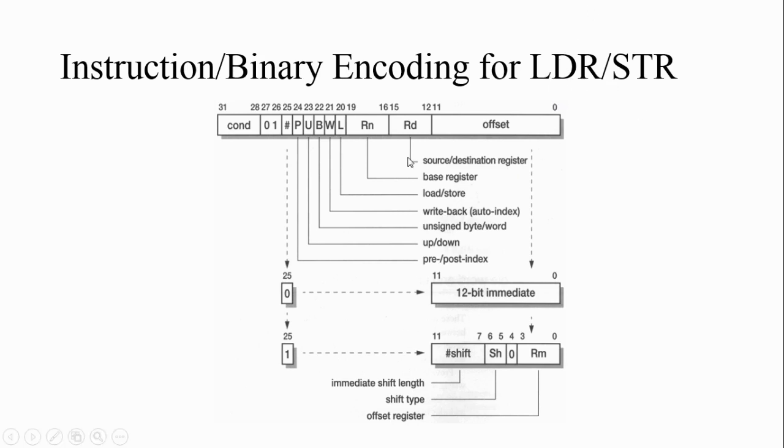In the case of STR, it will be the source register. In STR, you load from a register to the memory. So this forms the source register, and the memory address is calculated by adding the base address and the immediate. So in the case of LDR, Rd is the destination register. In the case of STR, Rd is the source register, right?